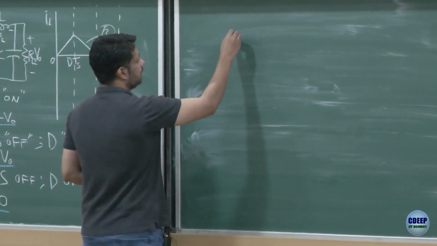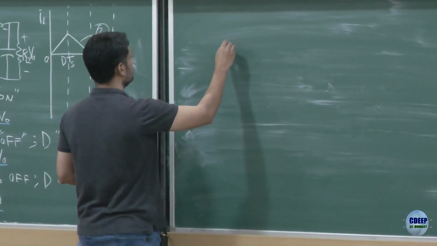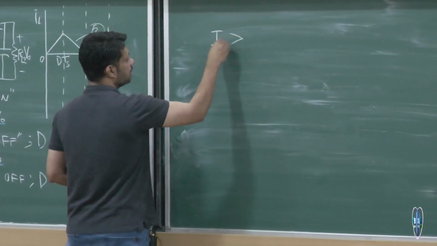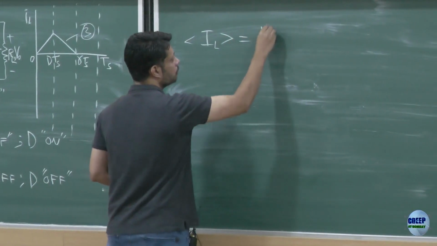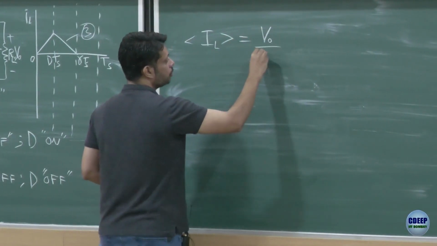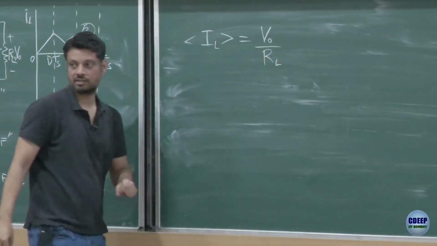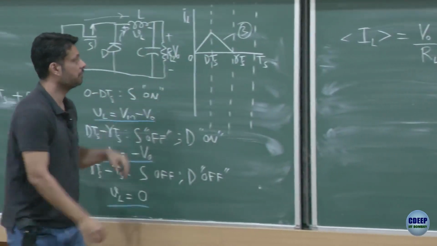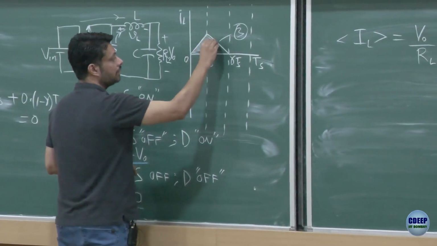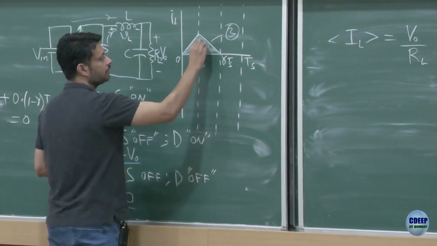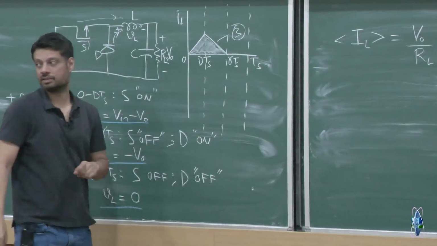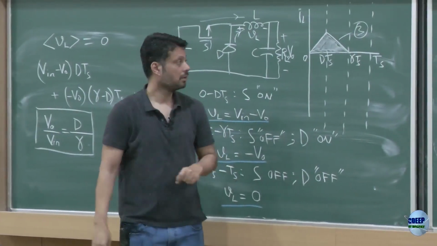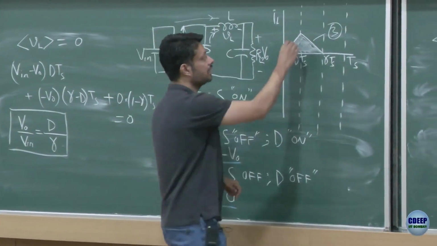So I can write the average inductor current is nothing but equal to the average output voltage upon the load resistance. The average inductor current from this waveform you can write in terms of the area under this triangle. What is the area under this triangle?